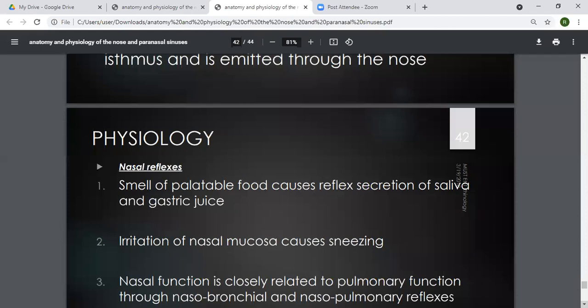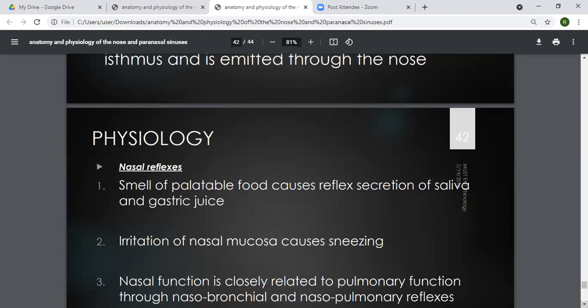It could be microorganisms, bacteria, viruses, or whatever, or it could be allergens, for example dust. So it's a way of the nose trying to protect itself. When you sneeze, you expel some of these things. So it's not entirely bad. That is part of the nose trying to protect itself.